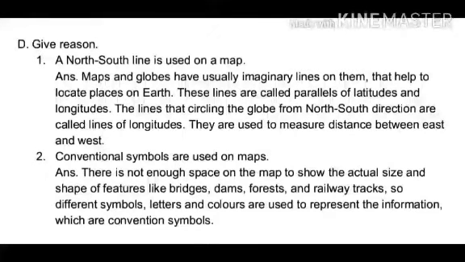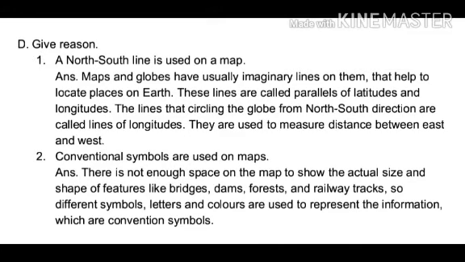Exercise D. Give reasons. First, a north-south line is used on a map. Answer: maps and globes usually have imaginary lines on them that help to locate places on Earth.